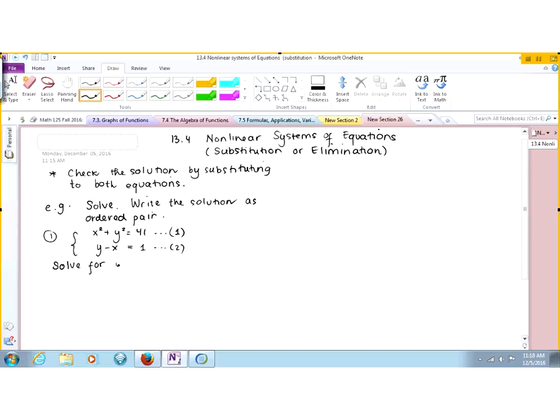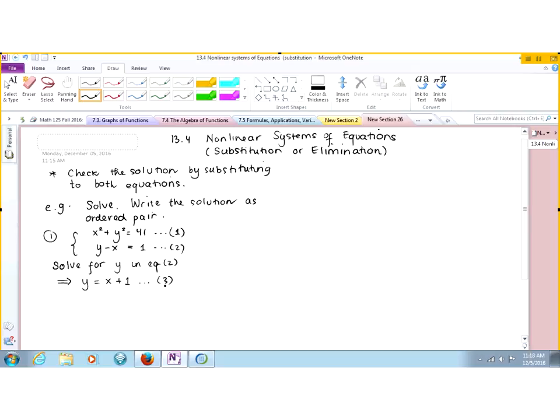Solve for y in equation 2. When we solve for y, we have y is equal to x plus 1, and this is equation 3.